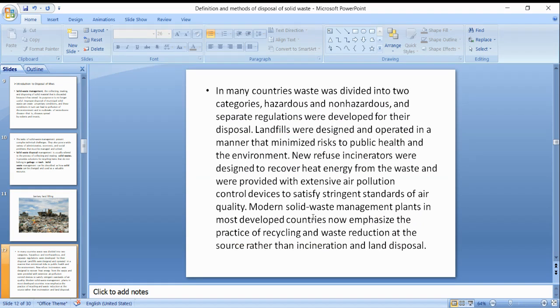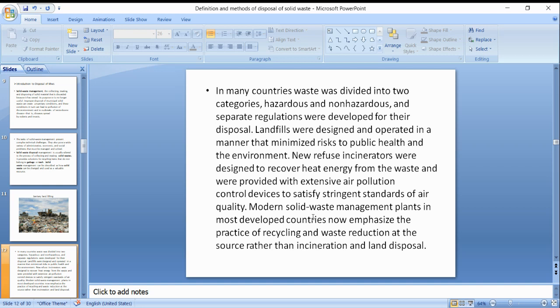In many countries, waste was divided into two categories: hazardous and non-hazardous. Before disposal, the waste was segregated as hazardous and non-hazardous, and separate regulations were developed for disposal.